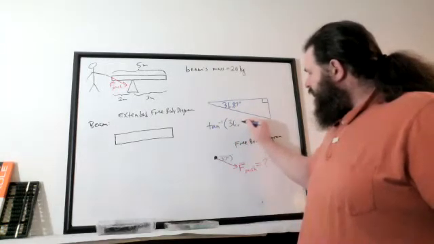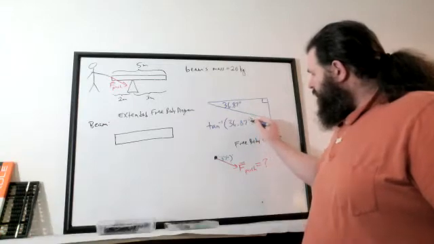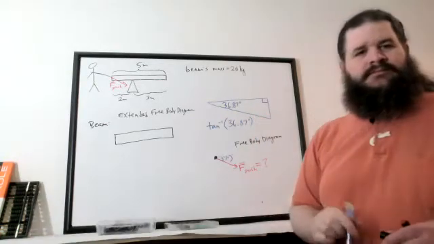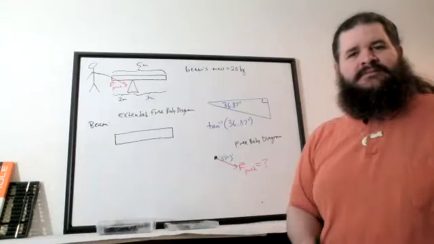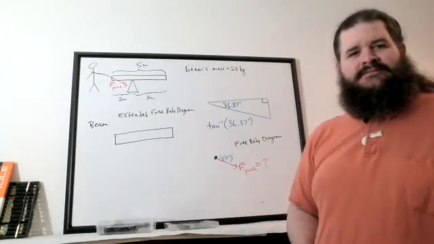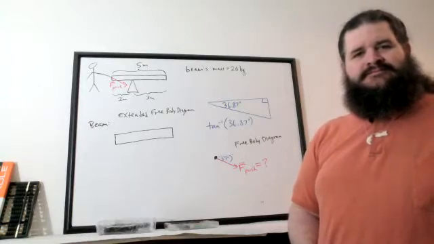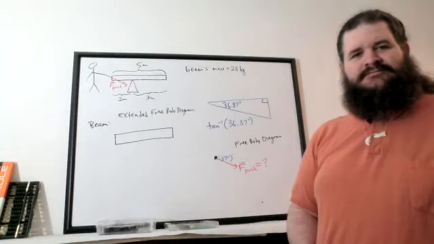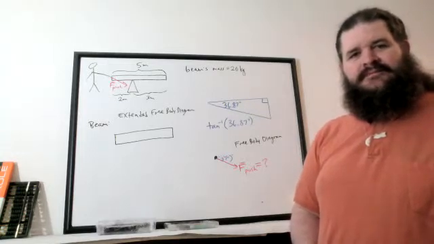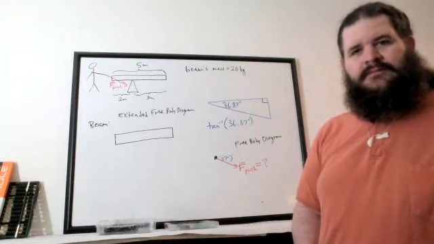What is inverse tangent of 36.87 degrees? It's 88.45.